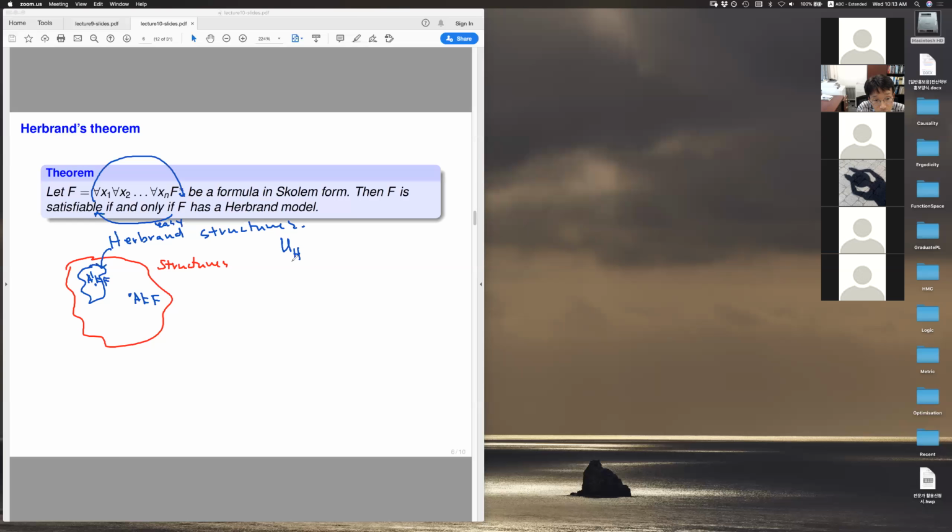It's the set of ground terms. The interpretation of constants and function symbols are all fixed. The only flexibility is the interpretation of predicate symbols. But the theorem says that if we make the right decision for this flexible part, we can make formula F true when formula F is satisfiable.